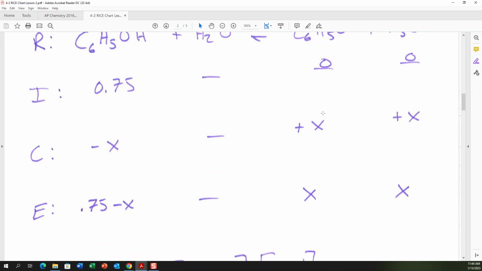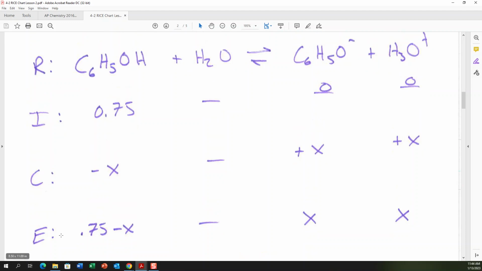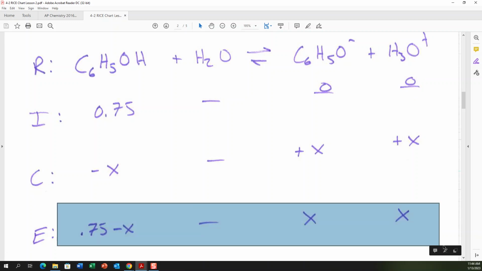All right, so then at equilibrium, the concentration of the acid is going to be 0.75 minus x. The concentration of this anion is going to be x, and the concentration of hydronium is going to be x. So what we're doing here is getting our equilibrium concentrations of everything in the reaction in terms of x. That's one thing you can do in a RICE chart.